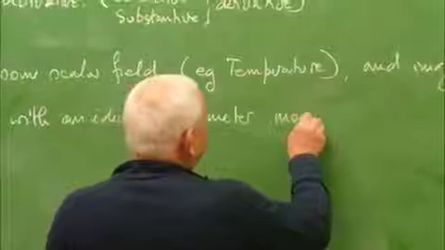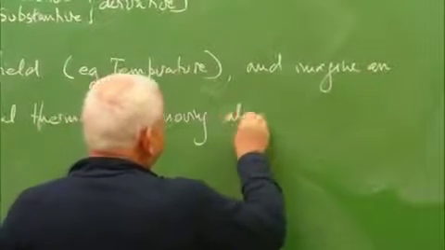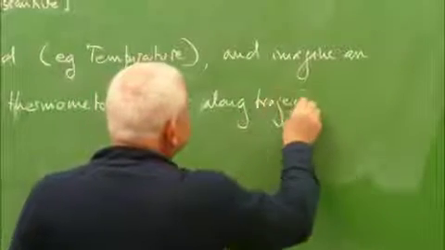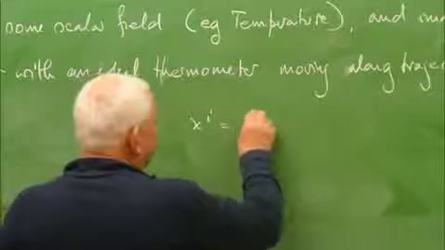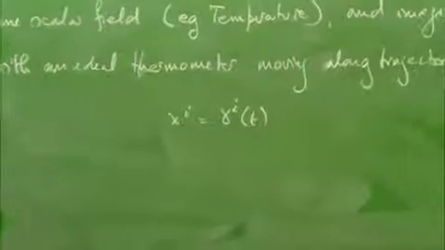Moving along a trajectory. I will call the position of the observer, which gives you coordinates x^i. I will call the functions that deliver this position as a function of time, I will call the functions gamma.